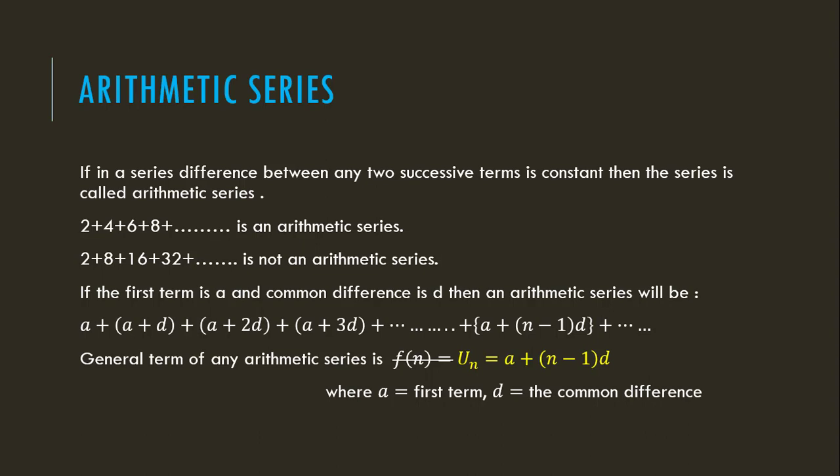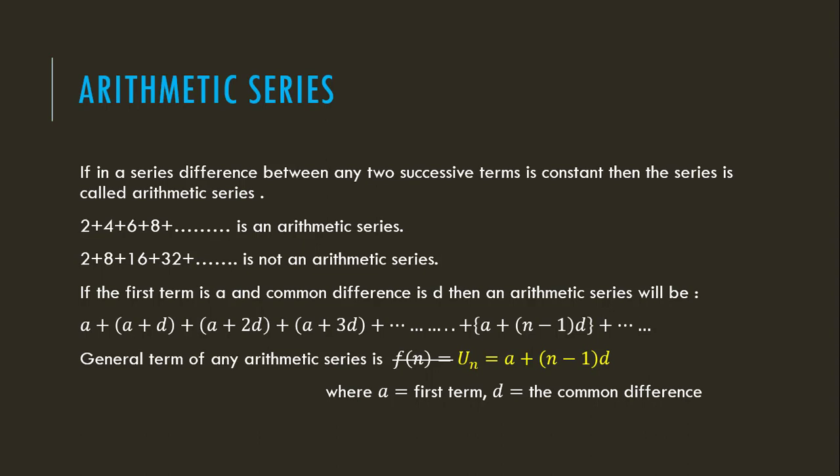At the first term there is no d, at the second term there is only one d, that is 2 minus 1, term number minus 1 d. At the third term, a plus term number 3 minus 1, equal to 2, therefore we get a plus 2d. At the fourth term, the term number is 4 and 4 minus 1 is equal to 3. Therefore we get a plus 3d.